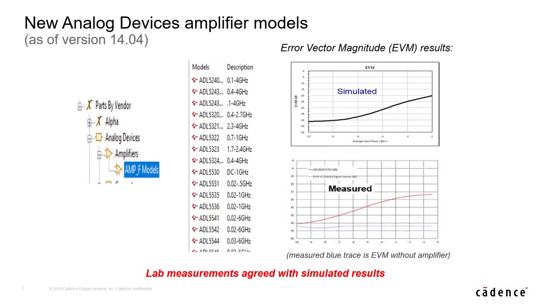We're excited to announce that, in actuality, the models we're speaking about here were released in version 14.04. The models are characterized by Analog Devices, and these models now reside in the VSS element browser under Parts by Vendor in the XML folder.